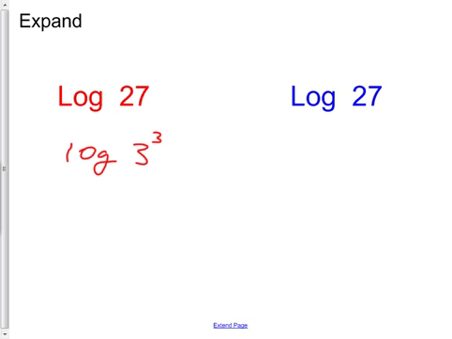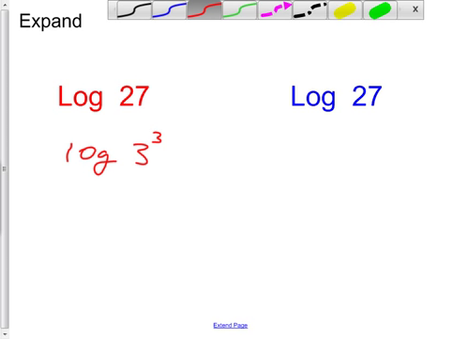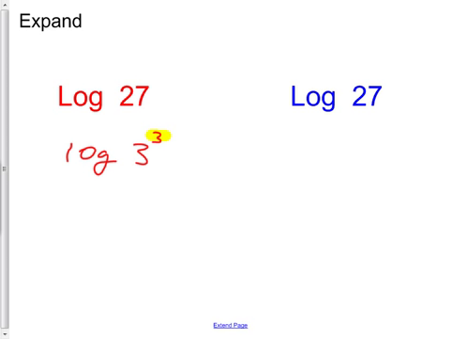Do you get that? Now why would we do that? Because now if we want to expand this out, remember the power rule? Do you remember that when you have a power like this, it can go where? Down to the front. So the final answer would be 3 log 3.